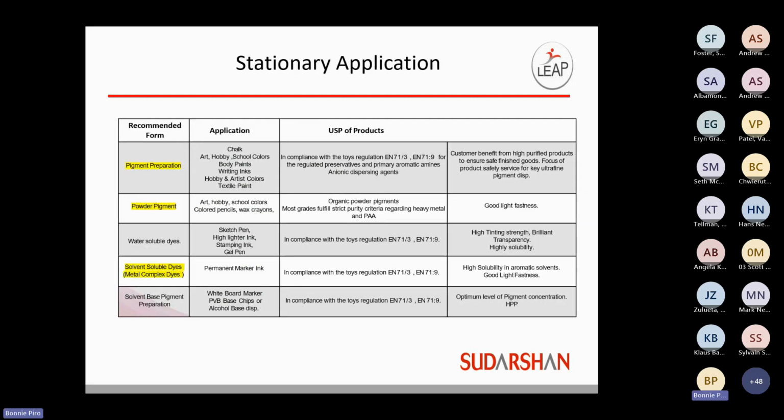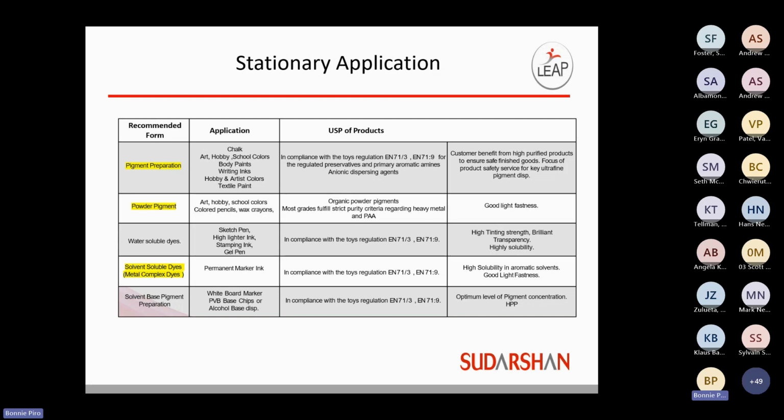From a stationery application perspective, I wanted to give you a feel for some of the application areas and the types of colorant form that's required, and then some other benefits and or requirements for that particular product.